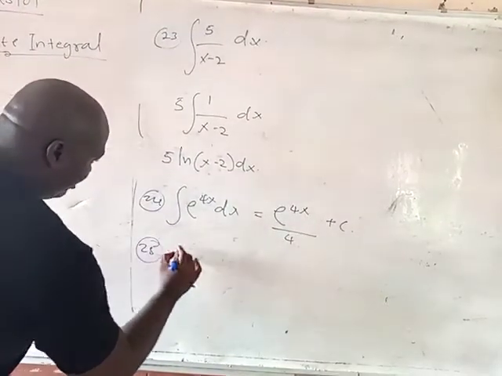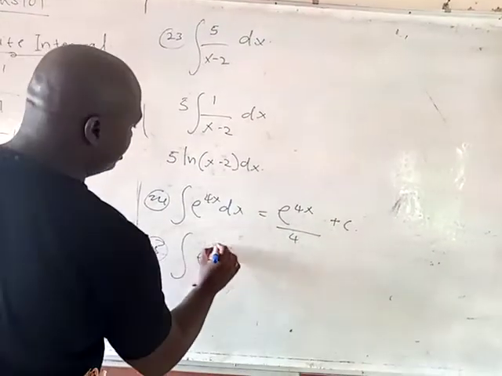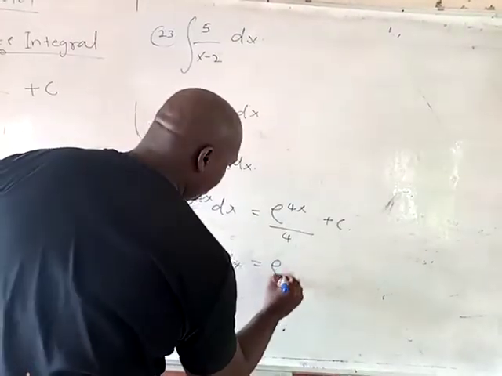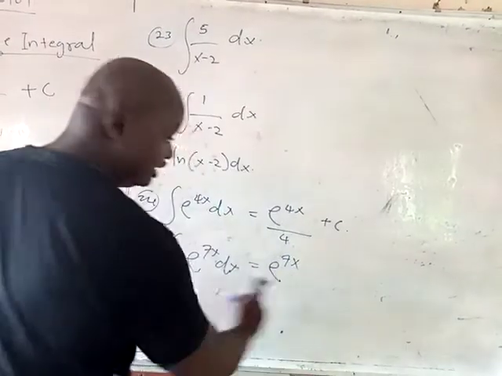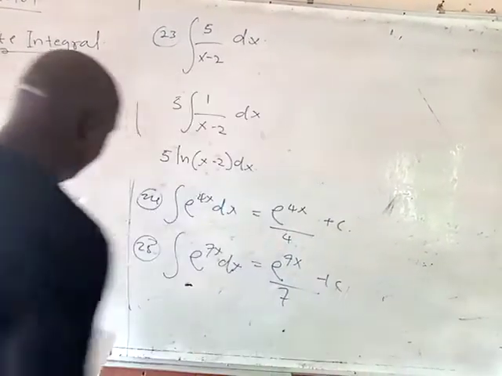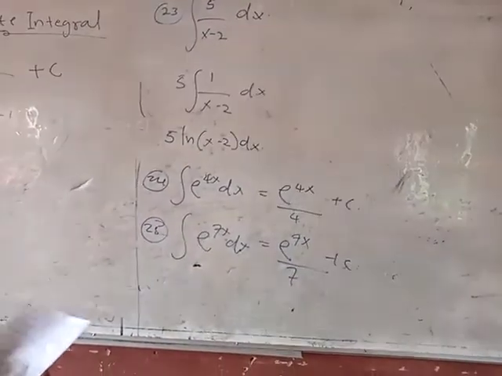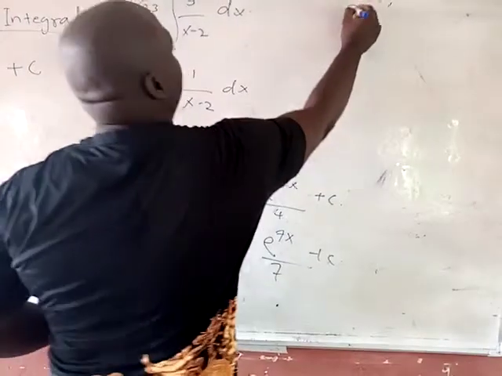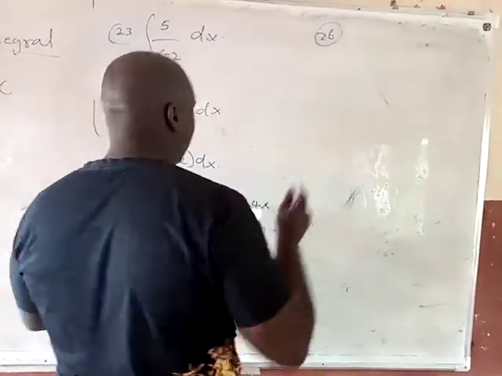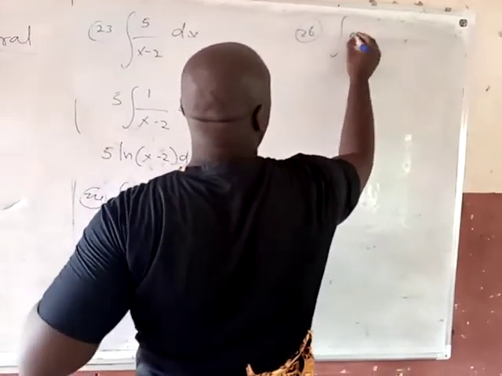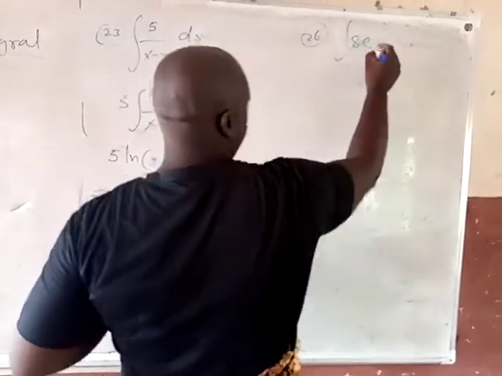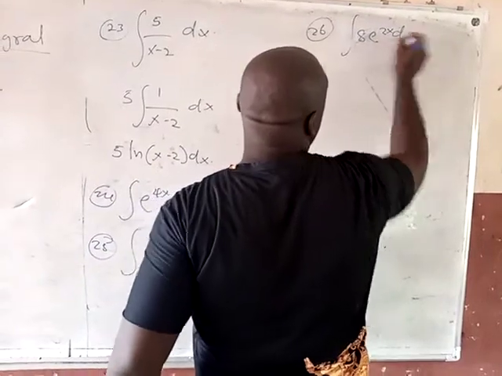Example number 25. The integral of e to the 7x dx is equal to what? e to the 7x, still the same, divided by the coefficient of x, which is 7, plus c. Good. Example number 26. What if I now change it, you have the integral of 8e to the 2x dx.